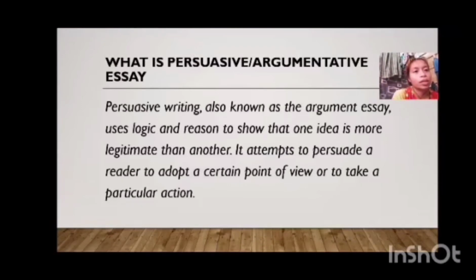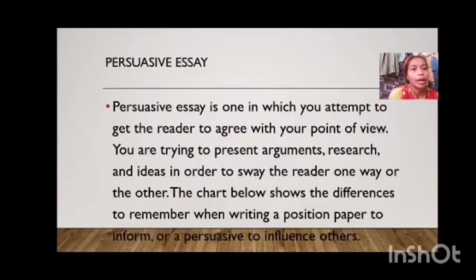For example, a teenage girl is trying to convince her parents why she needs a cell phone to use the internet. A persuasive essay is one in which you attempt to get the reader to agree with your point of view. You're trying to present an argument, research, and ideas in order to sway the reader one way or the other.